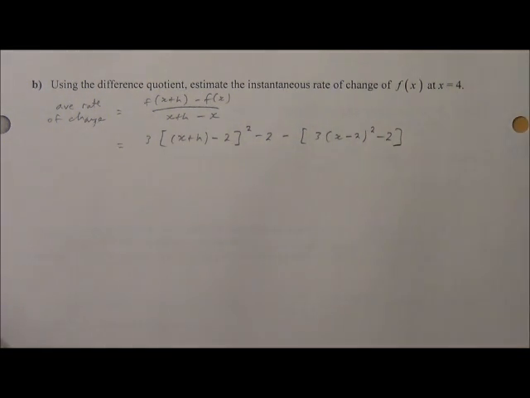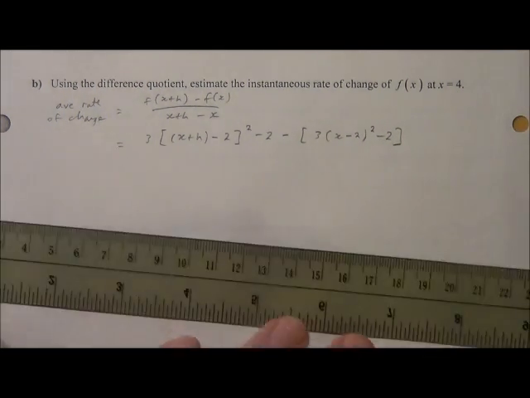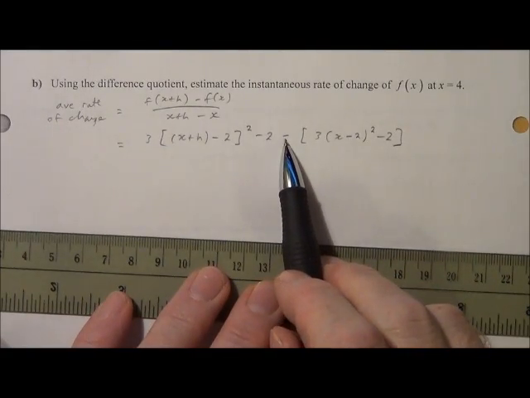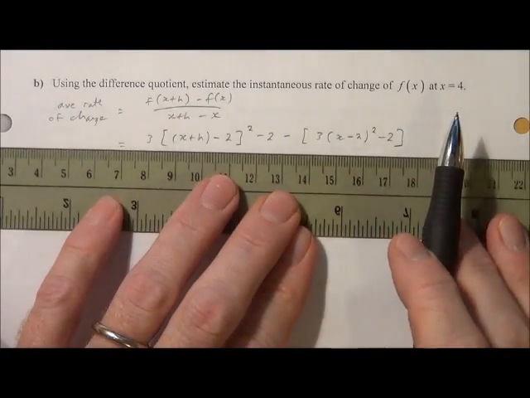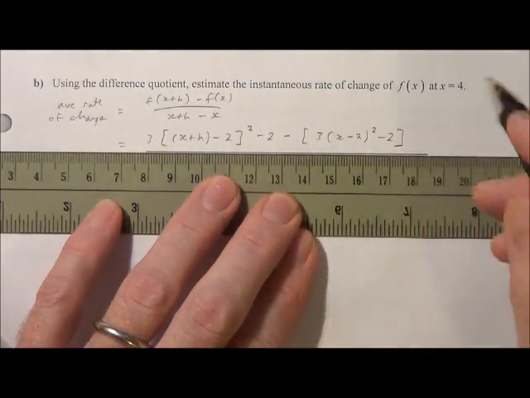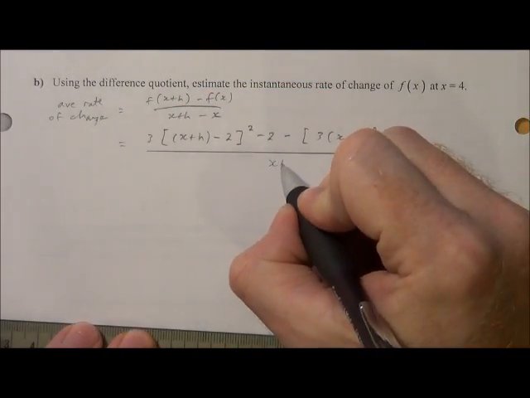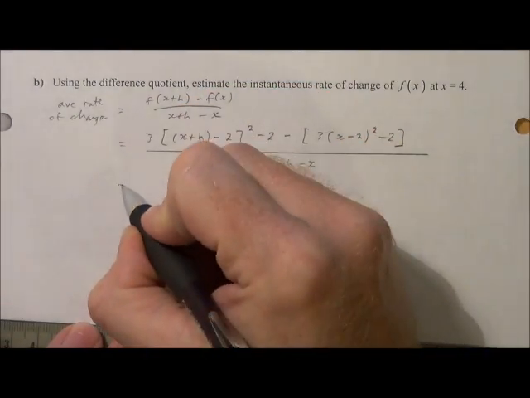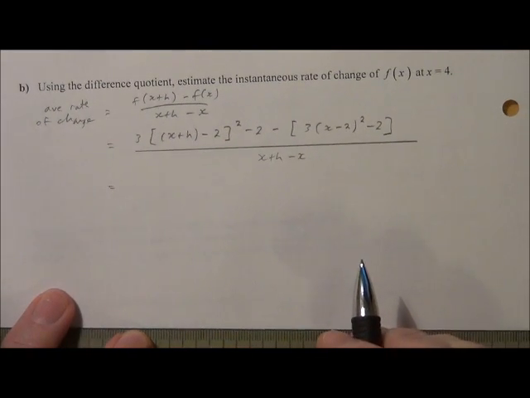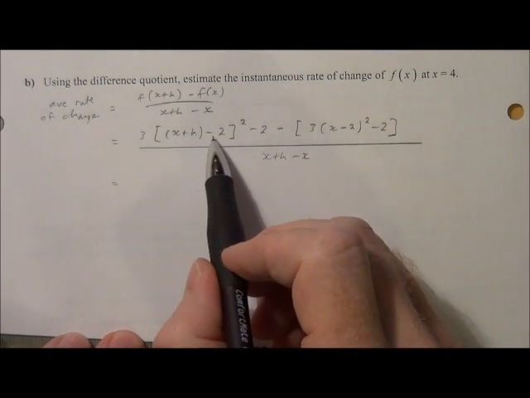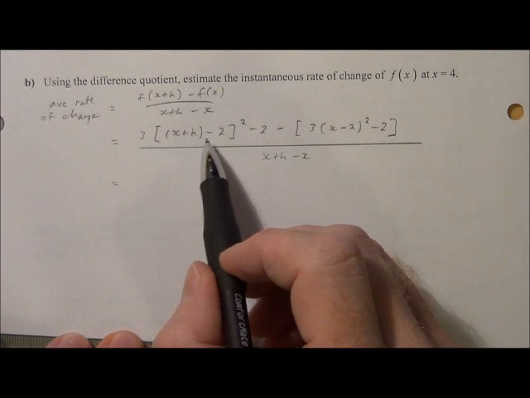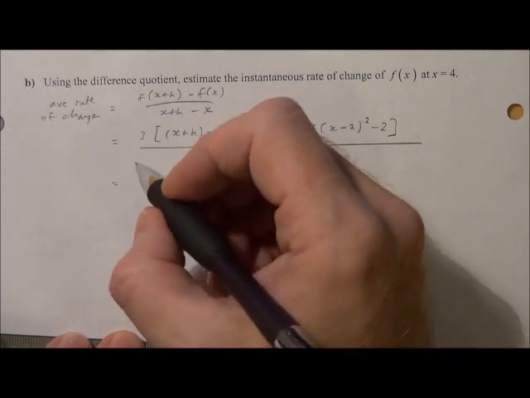So that first part is f of x plus h, and the second part after this subtraction sign is just f of x. And we'll divide this by x plus h minus x. So then I'm going to expand all this out and simplify.